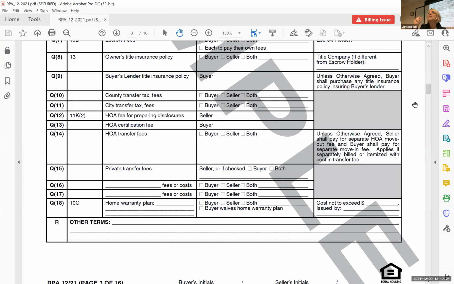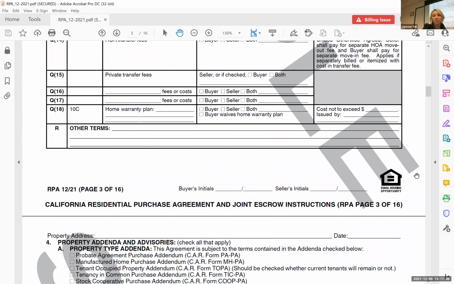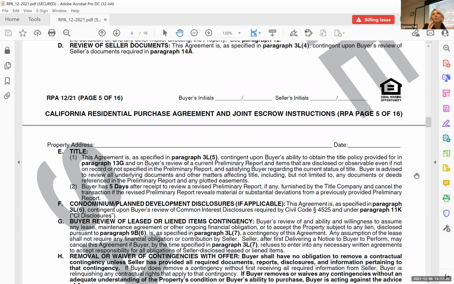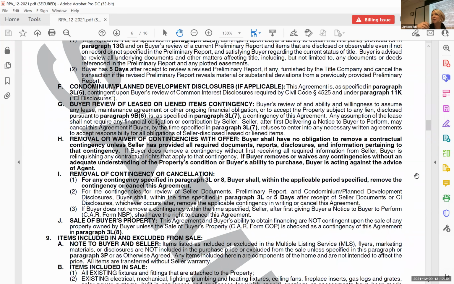And define disclosure, because technically a buyer vesting amendment or an explanation or an email can qualify as disclosure as well, but there is a very formal form for disclosure. Here, I'll show you real quick. The way our contract is structured now, this page with the grid covers everything.